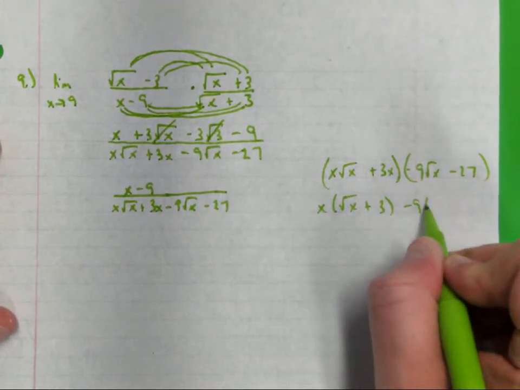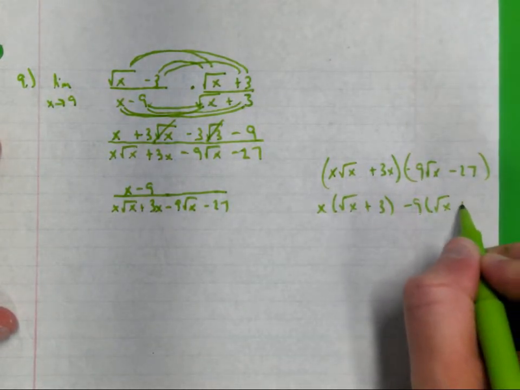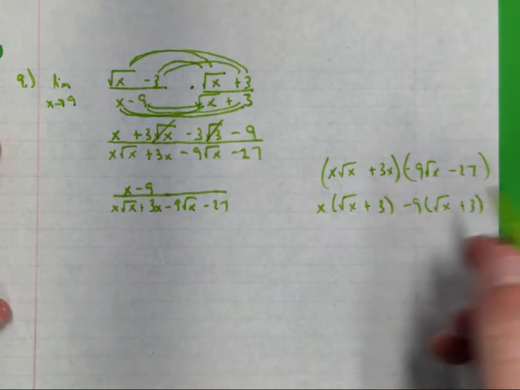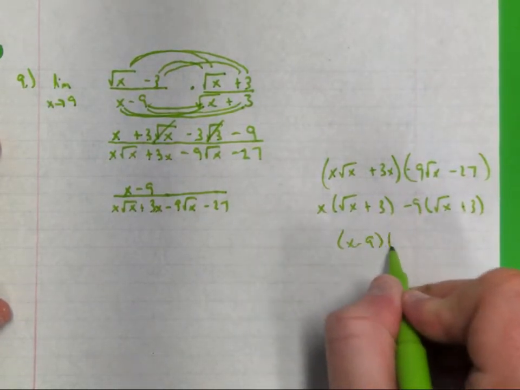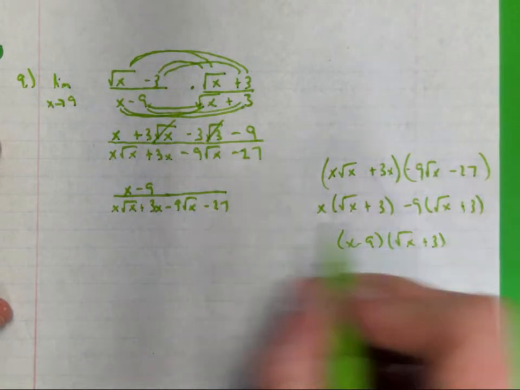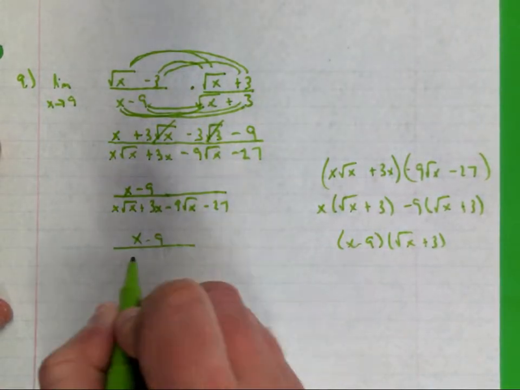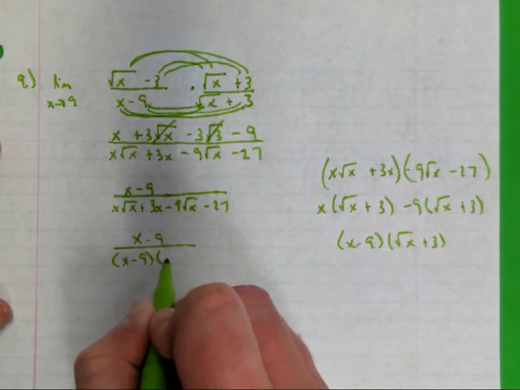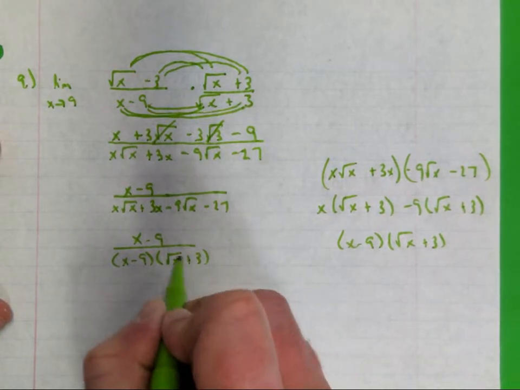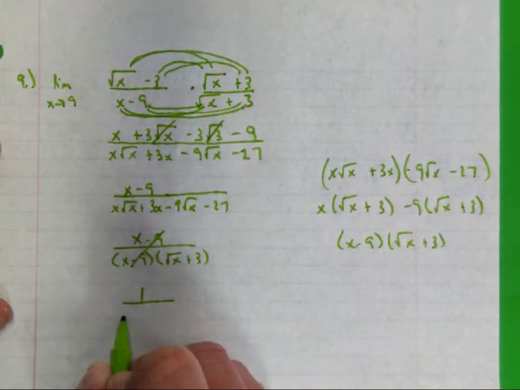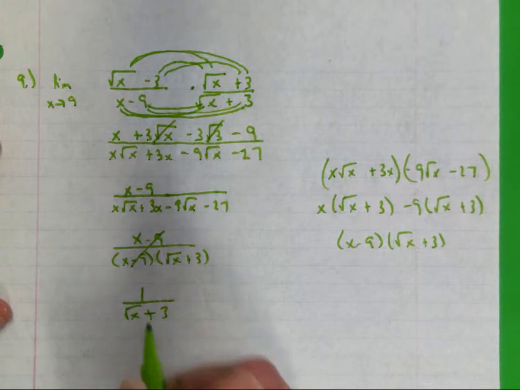Here I can take a negative 9. So I'm left with x minus 9 and square root of x plus 3. That's what I need. So x minus 9 over x minus 9 times square root of x plus 3. These cancel out. I'm left with 1 over square root of x plus 3.